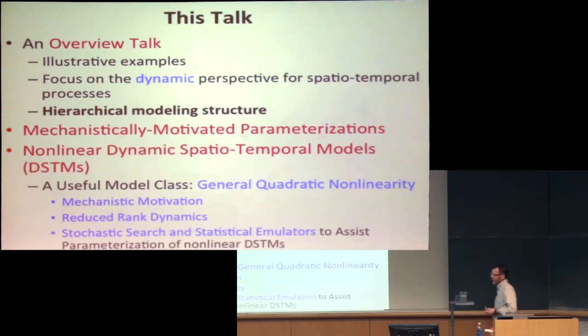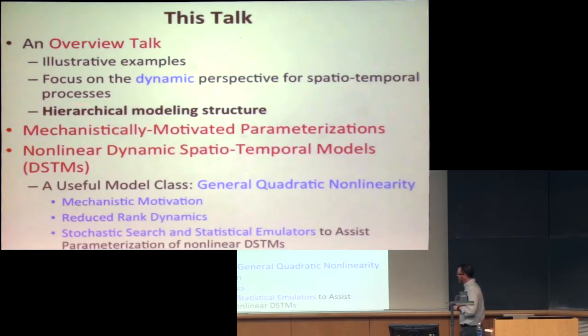So this is going to be an overview talk, and I'm going to really give you some examples. Each of these examples, there's a more detailed talk associated with, but that's not the point of this particular one. And I am going to focus on the dynamic perspective of space-time, but I'm going to give you the other, marginal perspective as well.